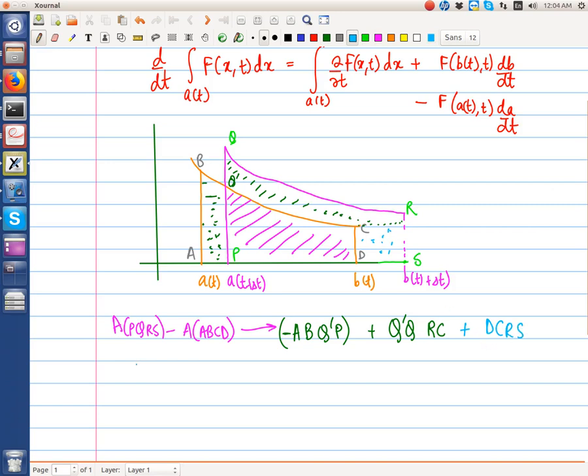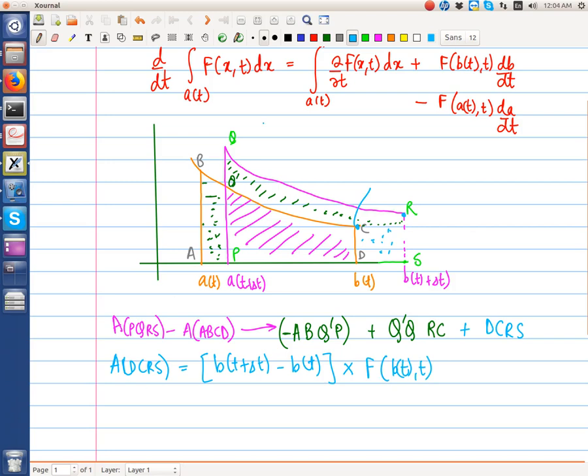Okay, so area DCRS is equal to b at t plus delta t minus b at t, this is the base, multiplied by the height. The height by mean value theorem is equal to the value of the function at C, or equivalently the value of the function at R, but since we take the basis at time t, we have the value of the function at b.